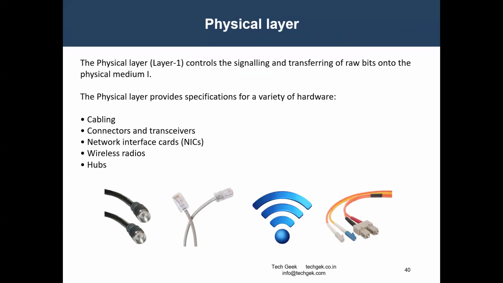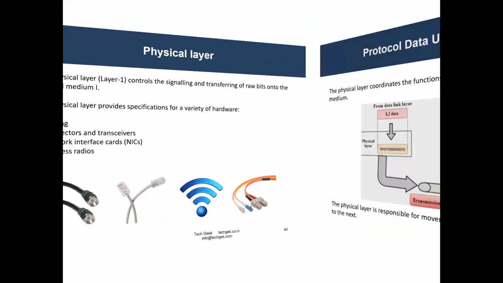Now let's discuss the same thing in more detail, layer by layer. If I talk about the physical layer, it is responsible for controlling the signaling and transferring the raw bits on the physical media. There is a variety of hardware: cabling, connectors, transceivers, NICs (network interface cards), wireless radios, or hubs. These are considered the physical layer devices.